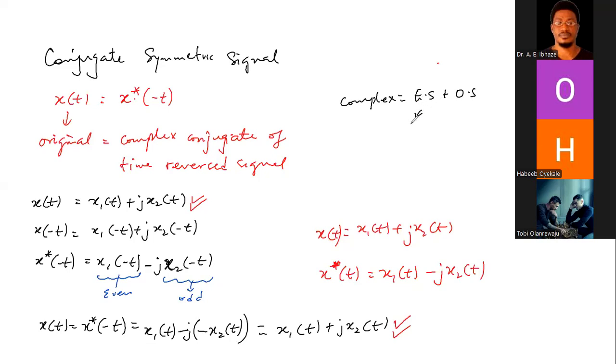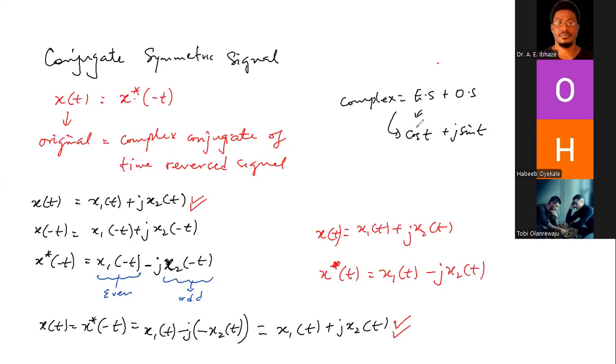The even signal is the same as cos t, while the odd signal is the same as sine t, which gives your complex signal. Now, from your mathematics, this is what you know as a complex signal, isn't it?